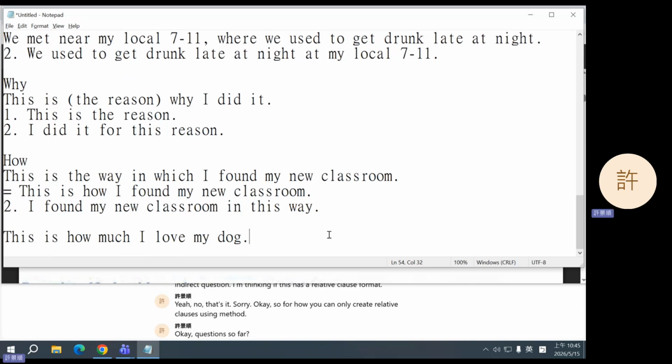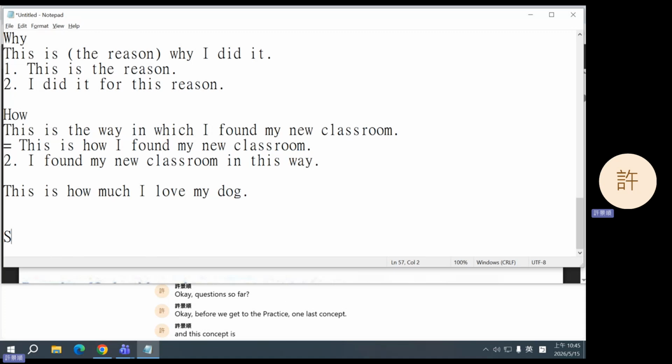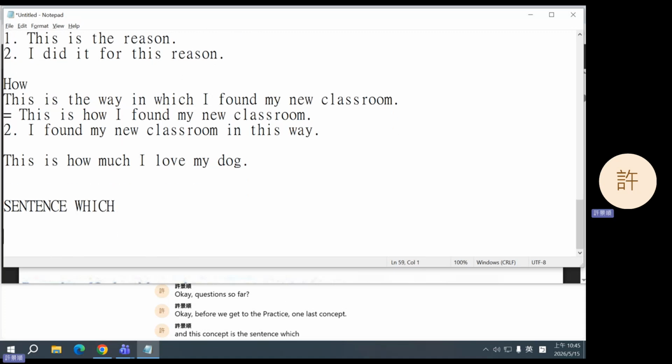Okay, before we get to the practice, one last concept. And this concept is the sentence "which." So the word "which" is a pronoun. It replaces the word that both sentences use, the noun that both sentences use.